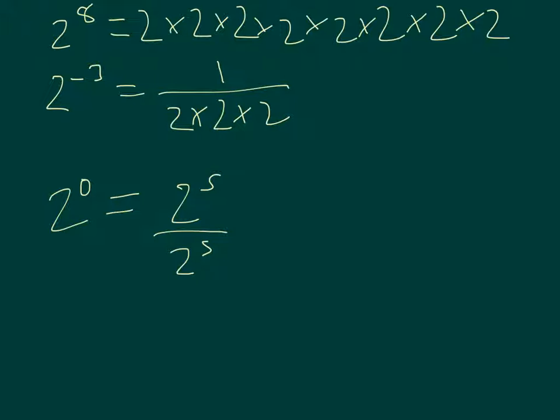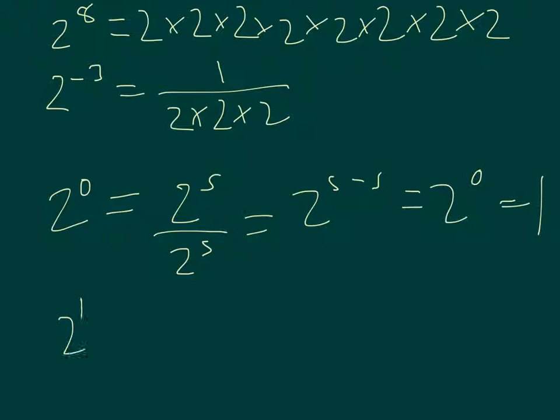Nothing special about 5 other than that must be 2 to the power 5 minus 5, which is 2 to the power 0. Now what is 2 to the power 5 divided by 2 to the power 5? Well, anything divided by itself must be 1. So anything to the power 0 must be 1, so we think.